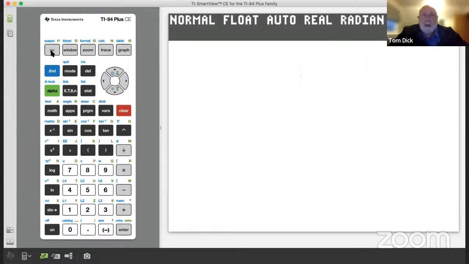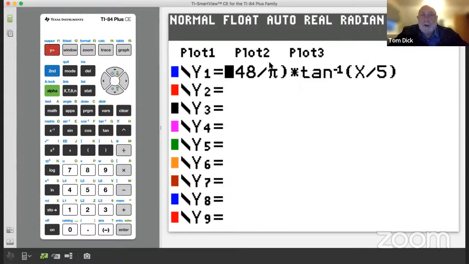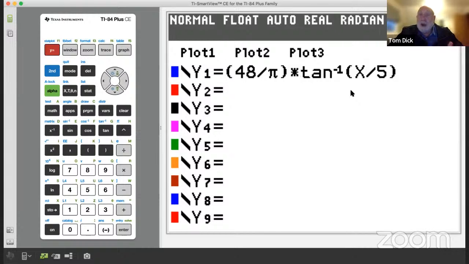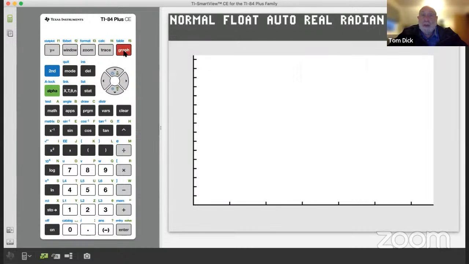The function in this problem, I've put here in y1. It's 48 over pi times the inverse tangent of the quantity x over 5. That's the graph we're going to take a look at, and I've set up the window so we have a decent picture of it.